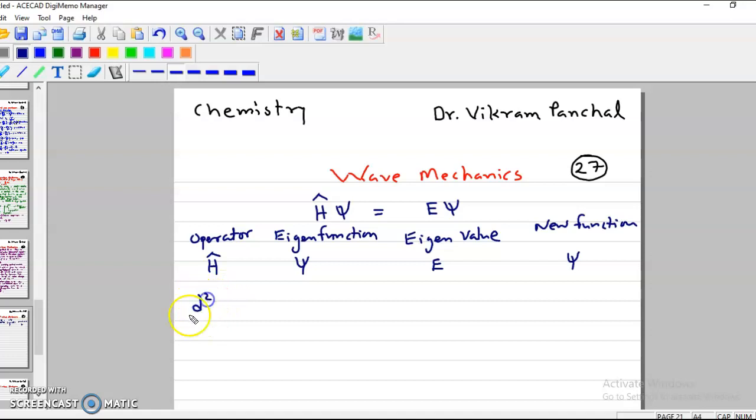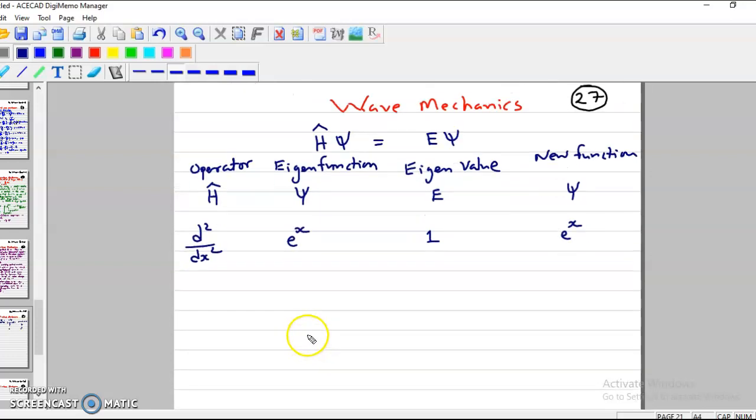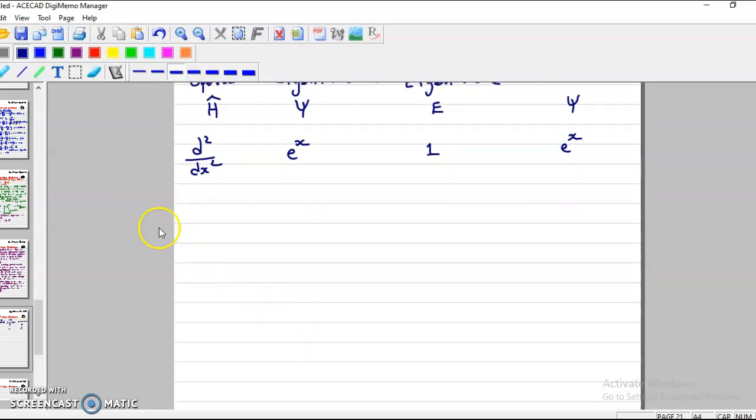Similarly, d square upon dx square is an operator. And if e raised to x is eigenfunction, then 1 will be eigenvalue and e raised to x remains the same. So this way we can interpret this also. Similarly, suppose we take d square upon dx square with reference to sin x. So sin x becomes eigenfunction only when the new function is sin x. But here eigenvalue will be -1.